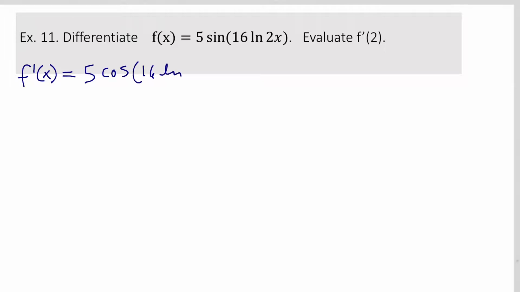So we have all of this here, which is the argument of the cosine. So now we have to multiply. We've got to differentiate. Let's just write this. 16 ln of 2x. All right, so we've got to differentiate that. So this is 5 times all of this.